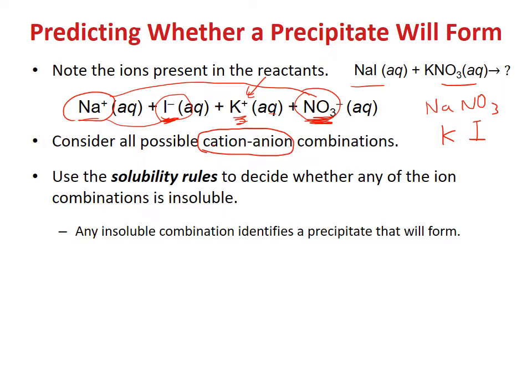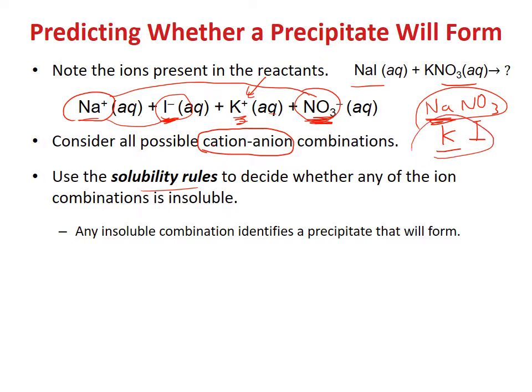The next step is to use the solubility rules to decide whether any of these ion combinations is insoluble. In the next few slides, we'll show you the solubility rules, and you will see that for group 1 cations, sodium and potassium, the salts are all soluble. So sodium nitrate is very soluble. Potassium iodide is very soluble.